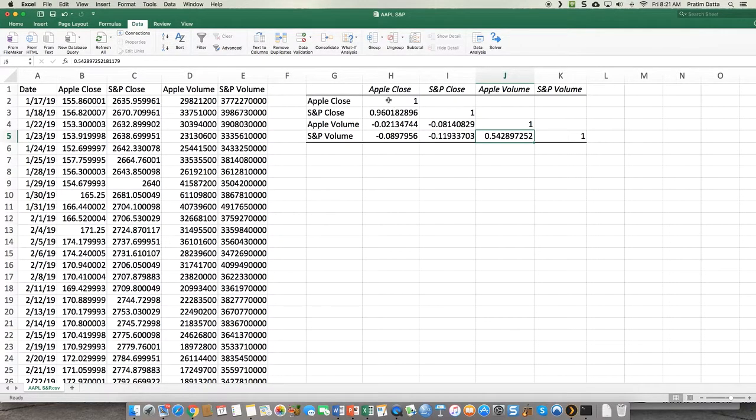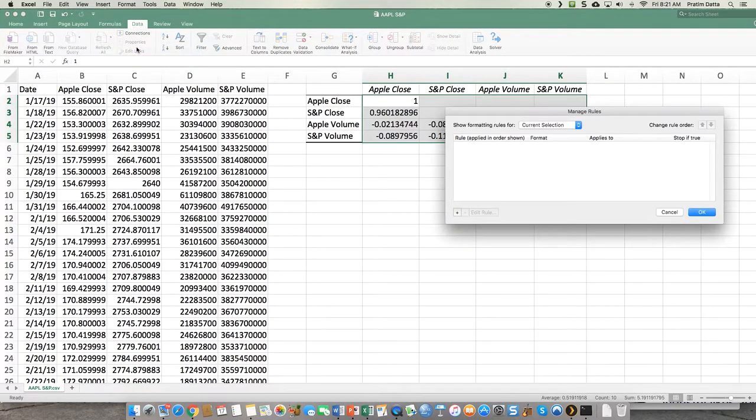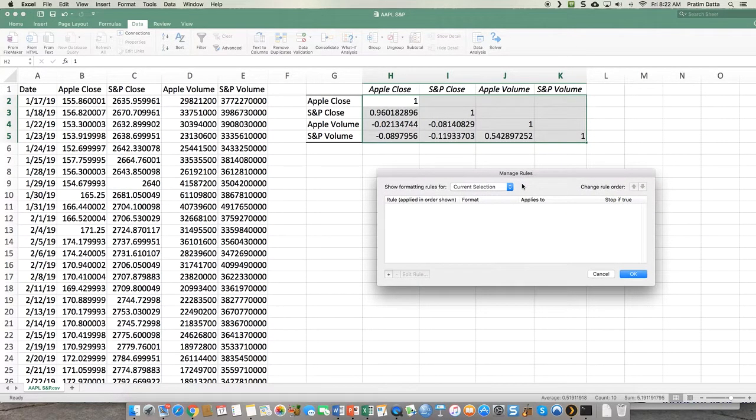So in order to do that, first we'll select the data we want to visualize, and then we're going to click on format, and then on conditional formatting. And once it shows conditional formatting, we'll say, all right, we want to create a rule. And see the plus button out here. These are different rules you can create. So we'll create a rule.